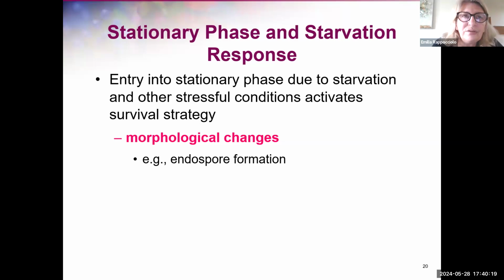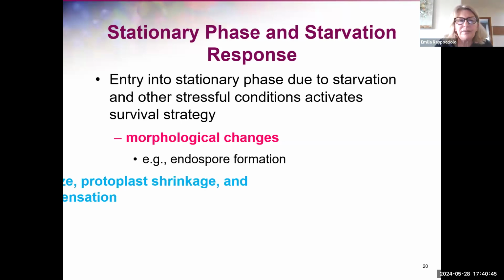You remember at the end of the first lecture, we talked about the endospore and how some bacterial cells, not all of them, might have the ability to change their shape and their structure to form an endospore that is resistant to environmental conditions that might be bad.